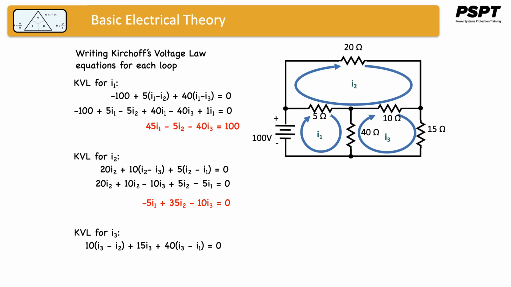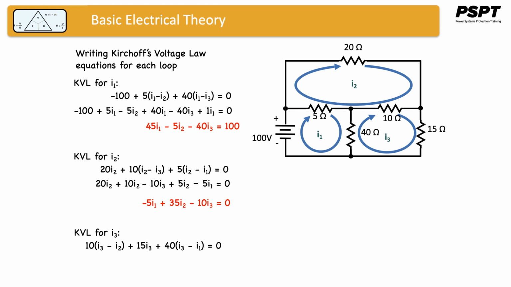So the voltage drop is 10 times I3 minus I2, plus the voltage drop across the 15 ohm resistor, which only has I3 flowing in it, so it's 15 times I3. And finally, the 40 ohm resistor gives us a voltage drop of 40 times I3 minus I1, because I1 is flowing in the opposite direction to I3, and because we're following I3, it's I3 minus I1. All of those voltage drops add up to 0.